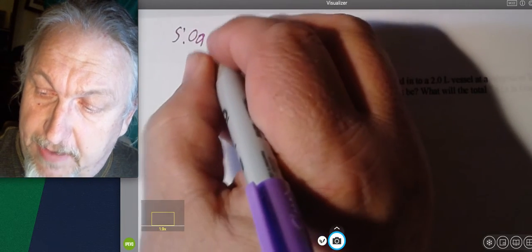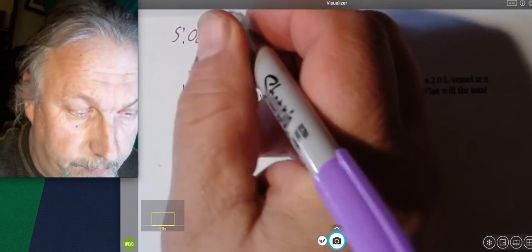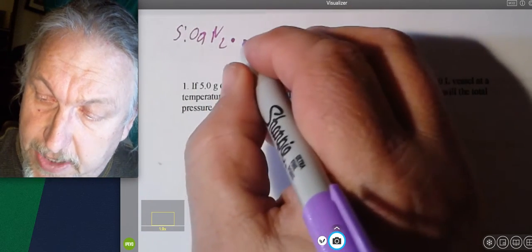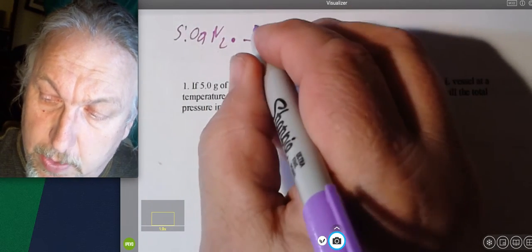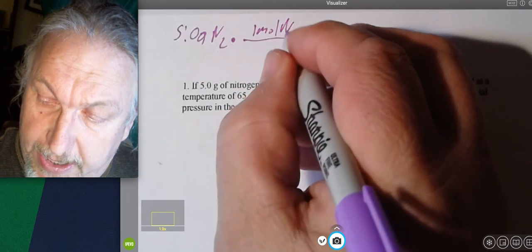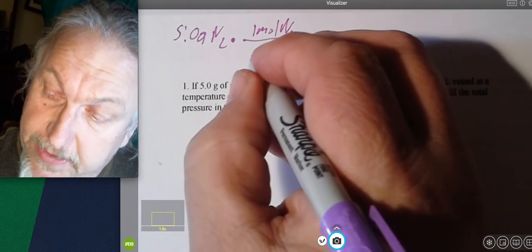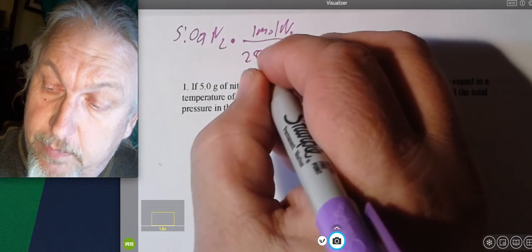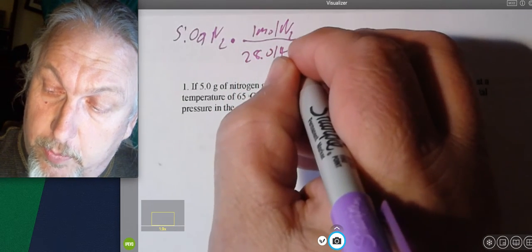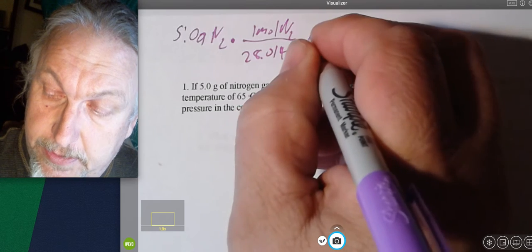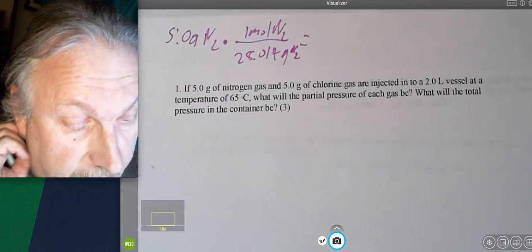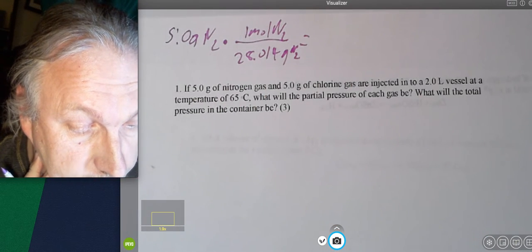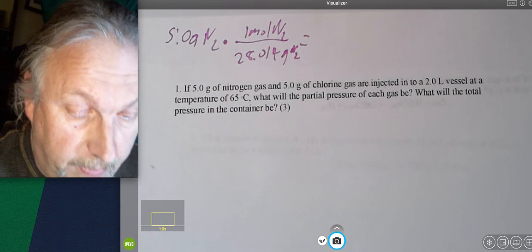So if I have 5 grams of nitrogen and I want to get moles, 1 mole of nitrogen gas, N2, will have the molecular mass of 28.014 grams of nitrogen.